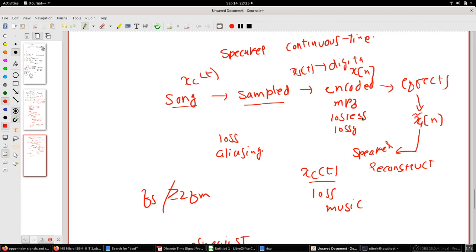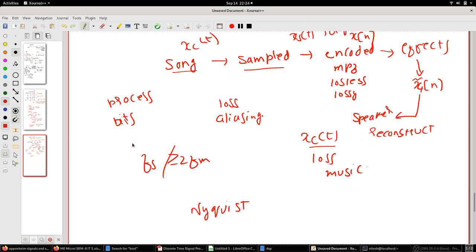So the whole intention of moving it to discrete time or digital is to process it such that you get fewer bits, so the song is not heavy on the size. Second thing is you clean up the noise, and then you could also change the way you want to get the effects. You could get an echo effect or whatever, right?